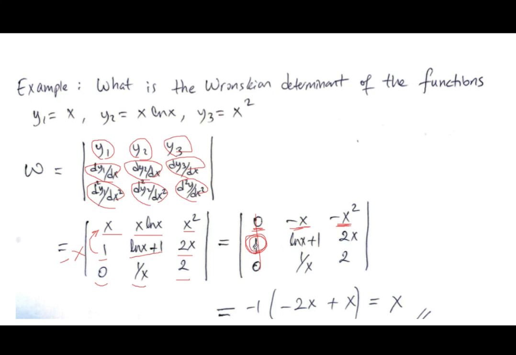So minus 1 to the power 3. That gives us a minus 1 as a coefficient. And then we need to take the determinant of this submatrix for these terms. So this submatrix, the determinant is minus 2x plus x. So that gives us the final result equal to x.